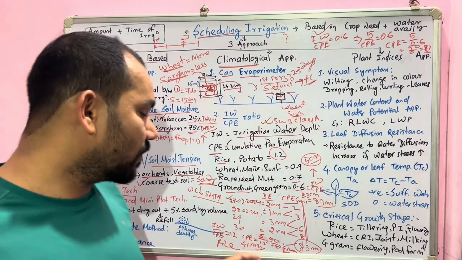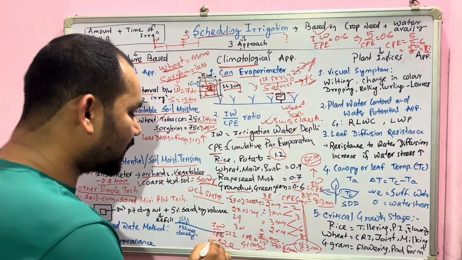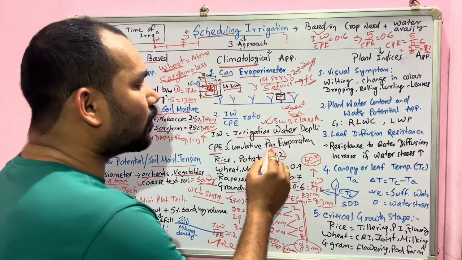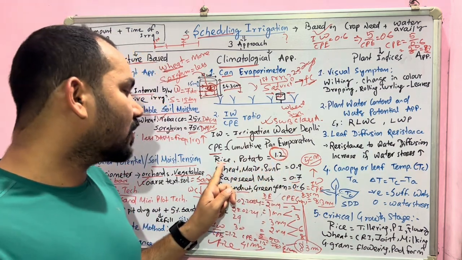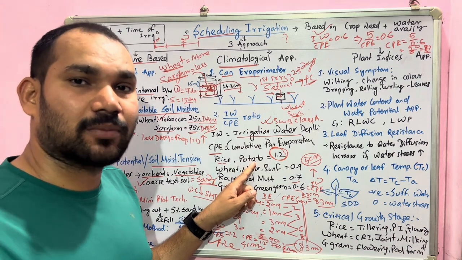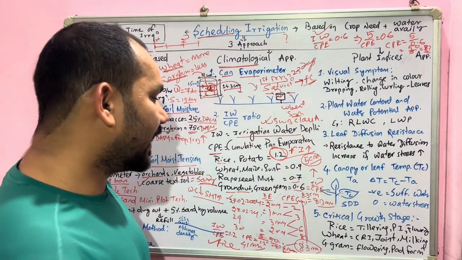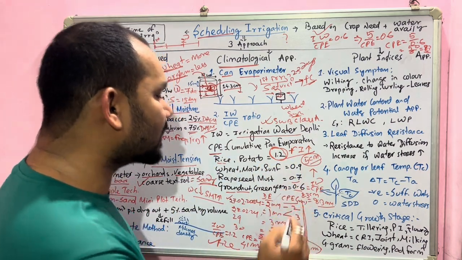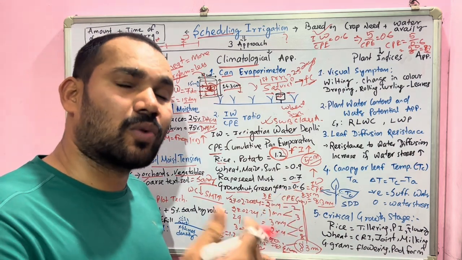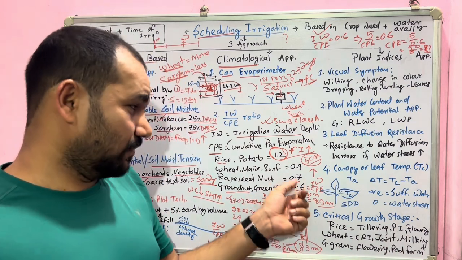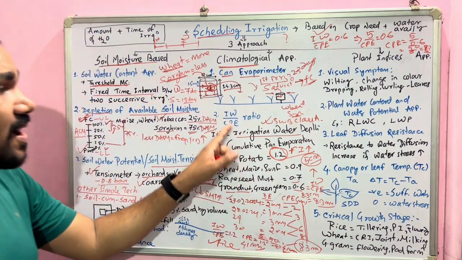Sir, 4.1 centimeter will reach earlier. Hence, if the IW by CPE ratio is more, it is a more moisture sensitive crop and the frequency of irrigation will be more. But if the IW by CPE ratio is less, the crop can sustain somewhat water stress condition and the frequency of irrigation will be less. So this is the IW by CPE ratio.